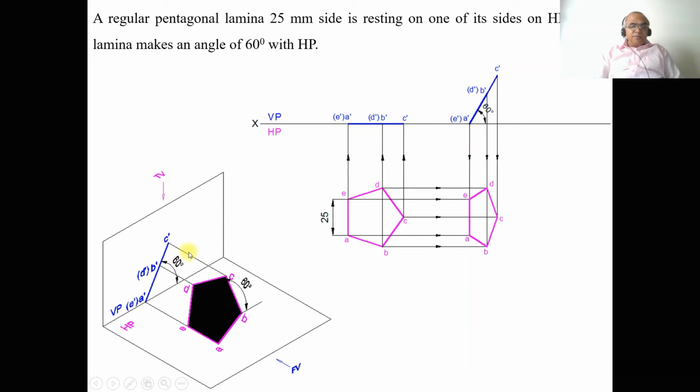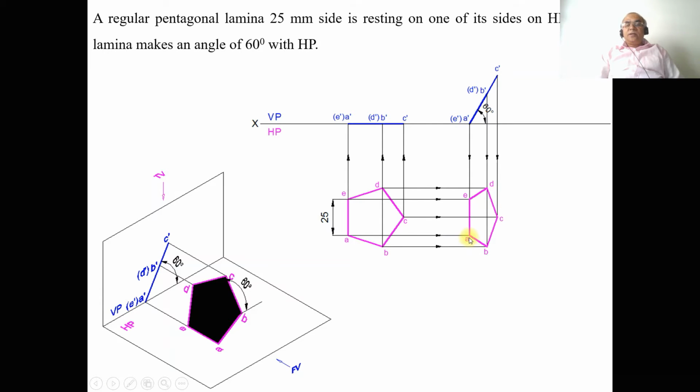And when you look from the top view, you are going to get a pentagon which is in apparent shape. But for clarity, we have not shown that pentagon here. We can see here that one of the sides is resting on HP. And when you look from the top view, AB, BC, CD, and DE are all in apparent length because A dash B dash, B dash C dash, C dash D dash, and D dash E dash are all inclined to HP.